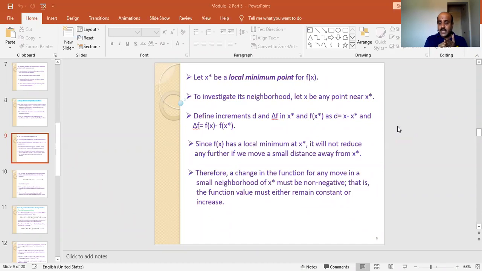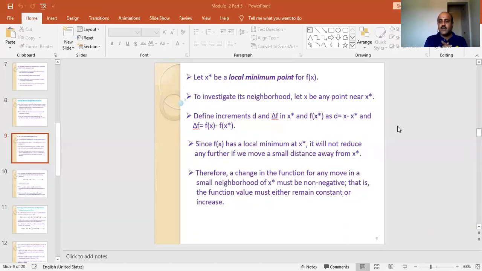Therefore, a change in the function for any move in the small neighborhood of x star must be non-negative. That is, the function value must either remain constant or it must increase.